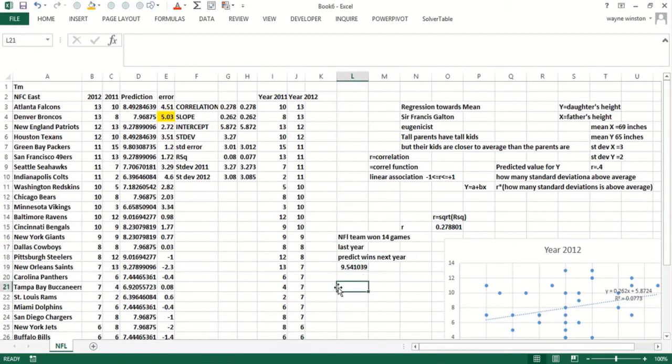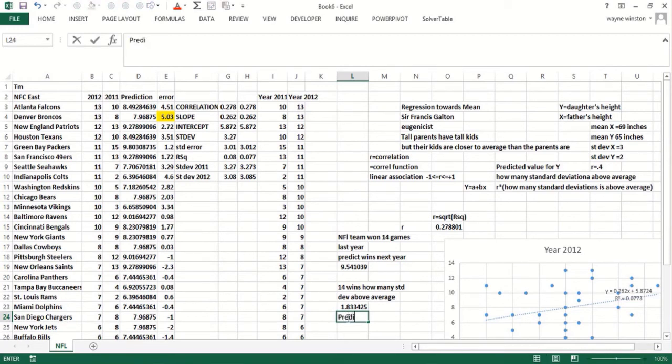But to do that in terms of regression towards the mean, so 14 wins is how many standard deviations above average? Well, you take 14 minus the mean of 8, you divide by the standard deviation of 2011. So that's 1.83 standard deviations above average.